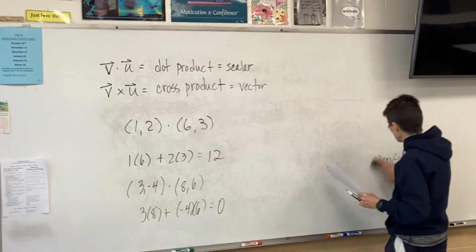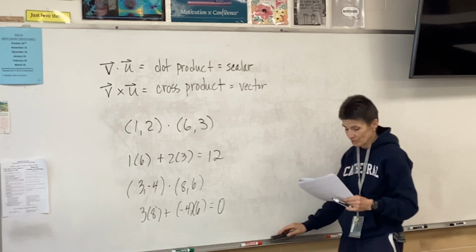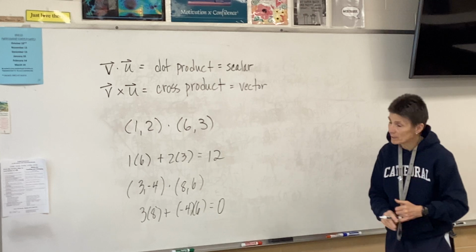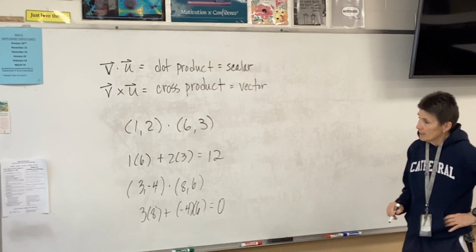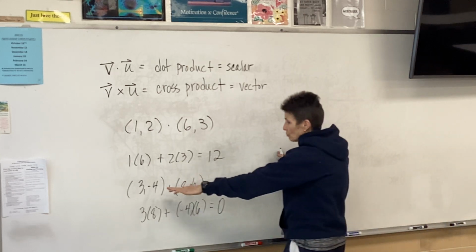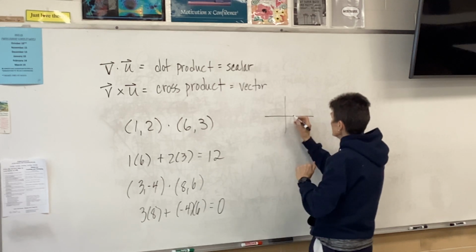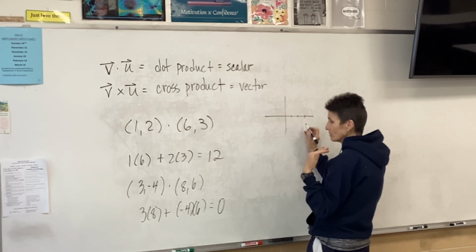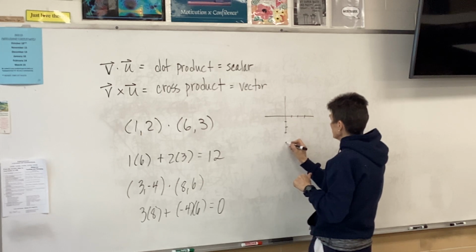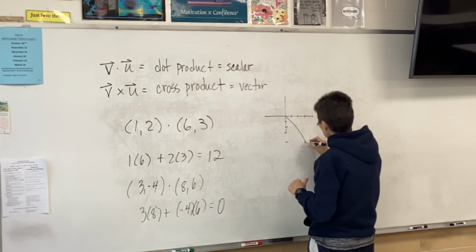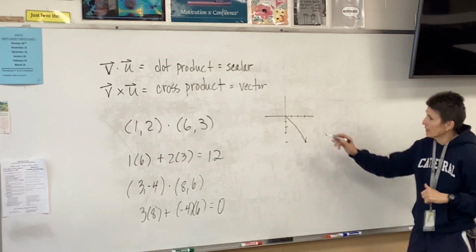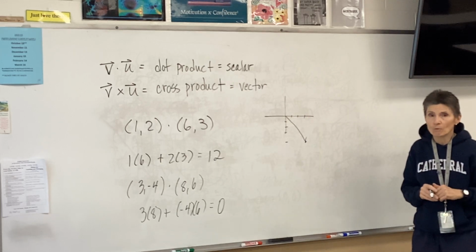Let's take a closer look at these two vectors before we move on. Look at the vector 3, negative 4. The vector 3, negative 4 goes over 3, right? 3, and down 4. So if you were going to draw a picture of it, a position vector, that's how you draw it. Over 3, down 4.